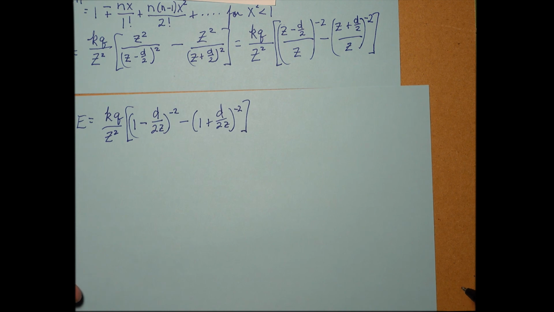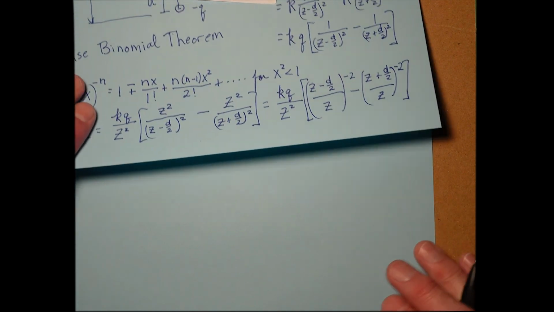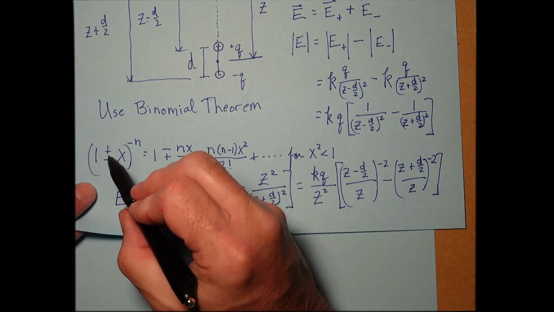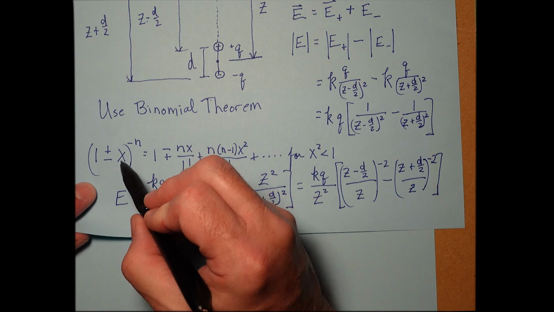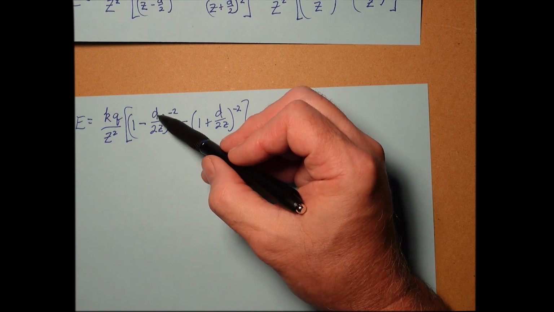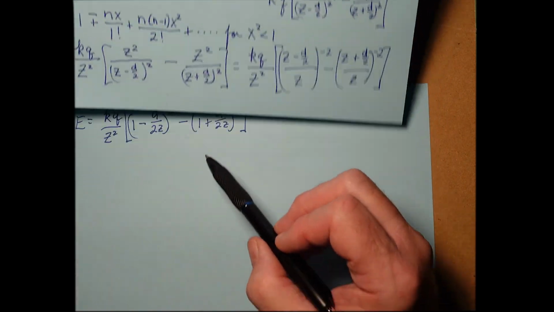There. Okay, now we can apply the binomial theorem to each of those terms. Reminding you, the binomial theorem is this: 1 plus or minus x, and in our case, x is this term right here, raised to the negative n, so n in our case is 2.